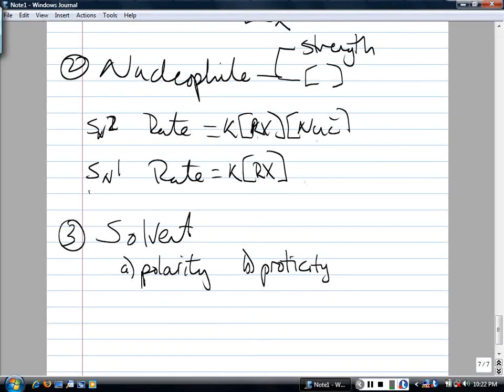So why is that? It's a very subtle discussion point. So it goes like this. Let's assume I have RX, which has a delta plus and a delta minus. RX has to ionize to make R plus X minus.